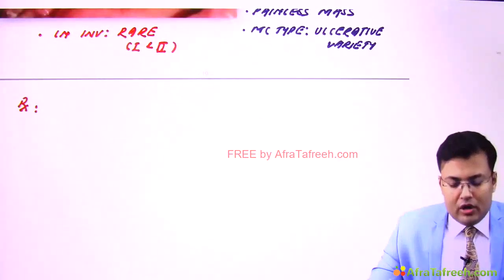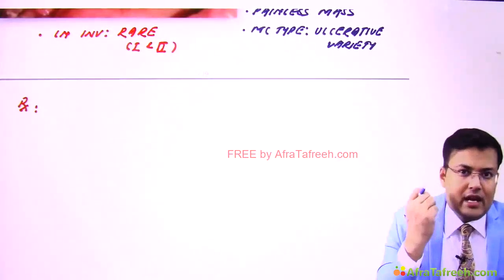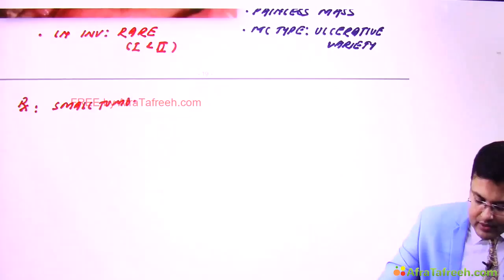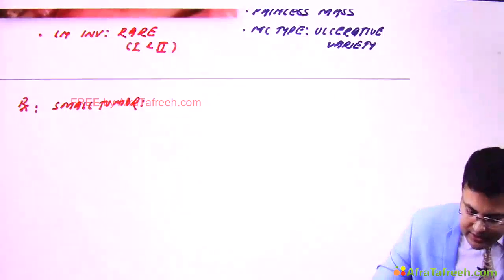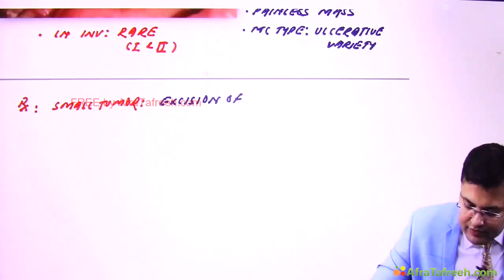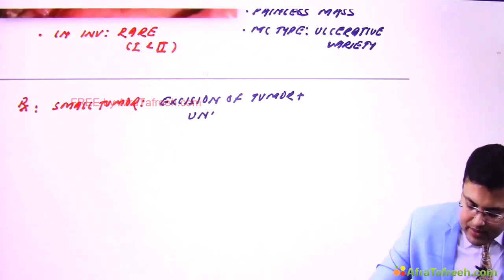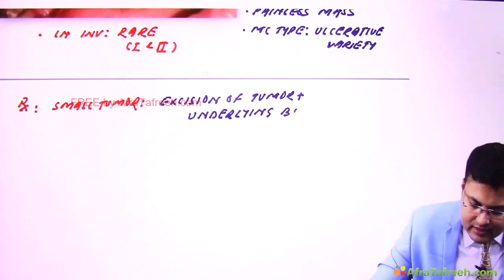If the tumor is small, we have to excise the tumor with underlying bone. So some part of maxilla should be removed. So if the patient is having small tumor, in that case, excision of tumor plus underlying bone means some part of maxilla is removed. Clear?